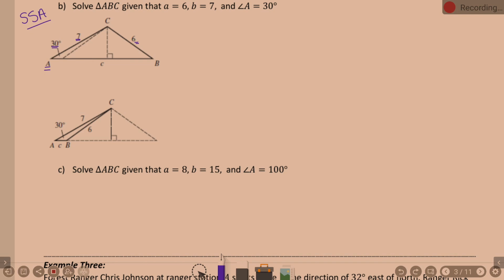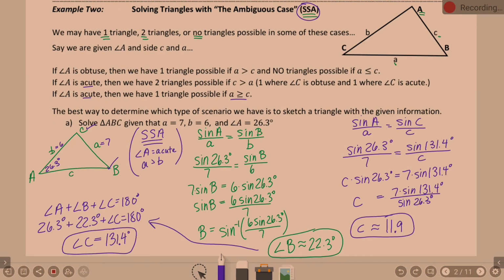The side opposite A is less than the other given side. And if you go back to the front, A is acute, and the given side A is less than the other side. Then we have two possible triangles.